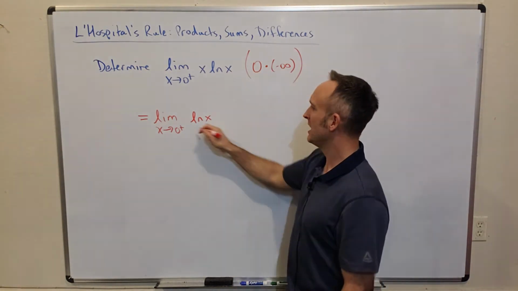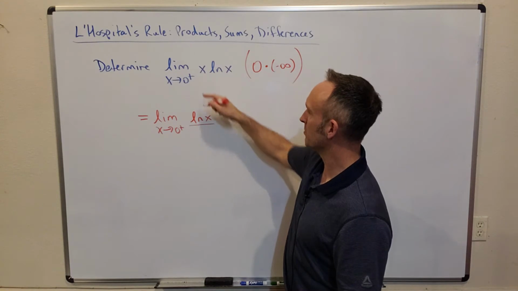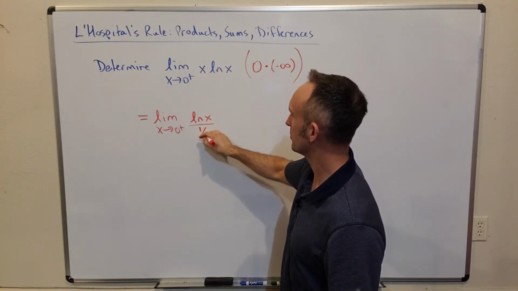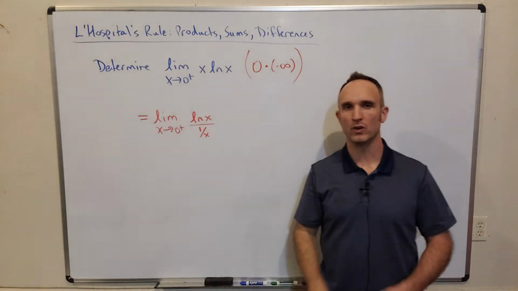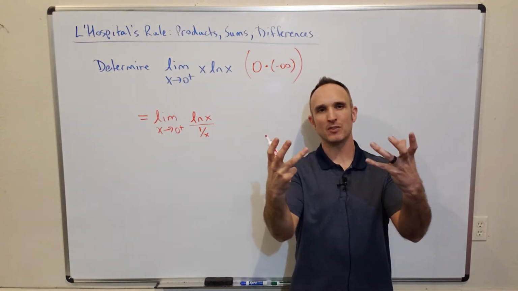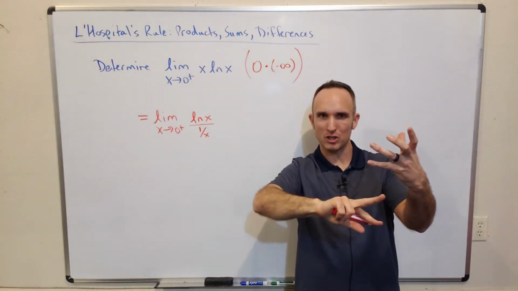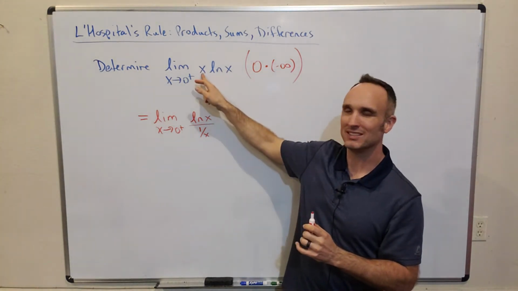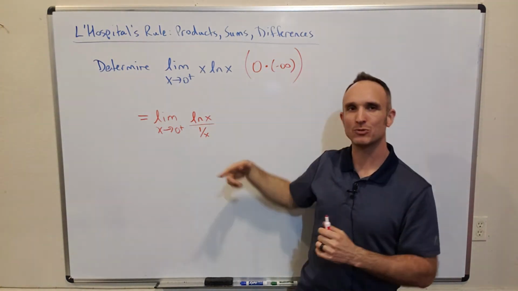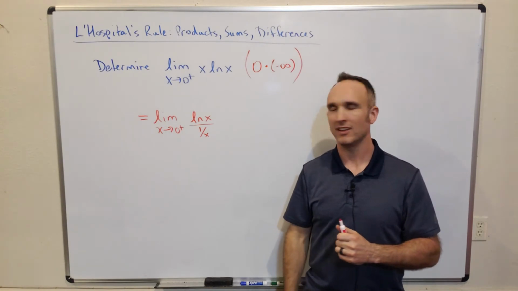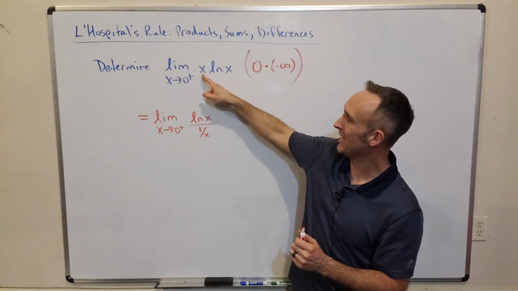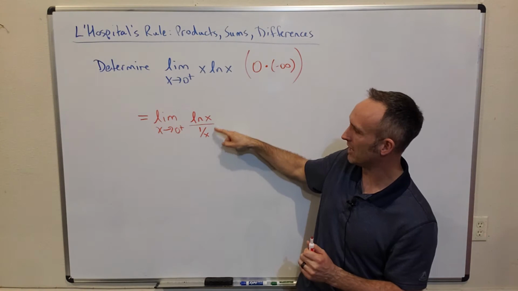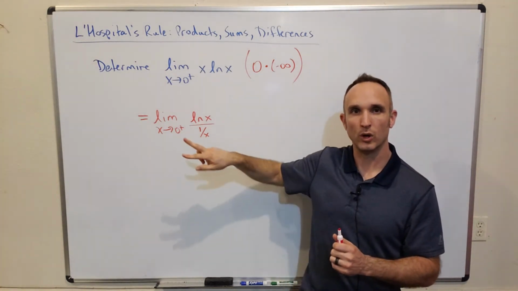And I'm going to move my x to the bottom by changing it to its reciprocal, which is 1 over x. So you can take any piece of a product and move it to the bottom as long as you flip it over, right? Multiplying by something is the same thing as dividing by its reciprocal. Multiplying by x is the same thing as dividing by the reciprocal of x, 1 over x.